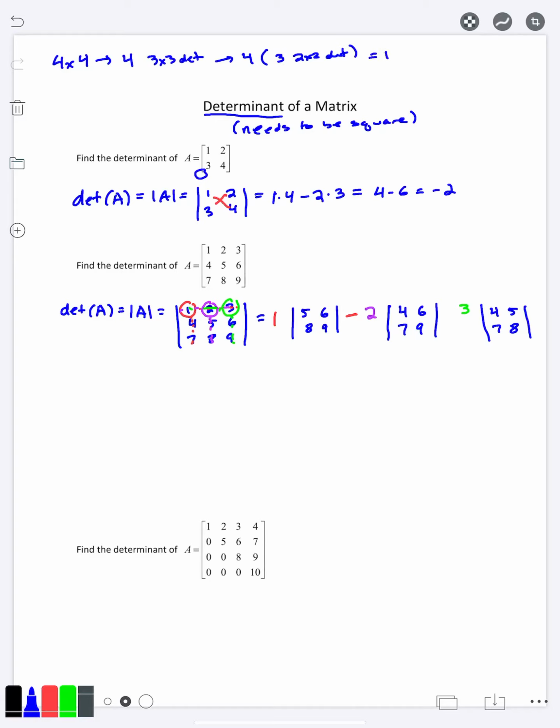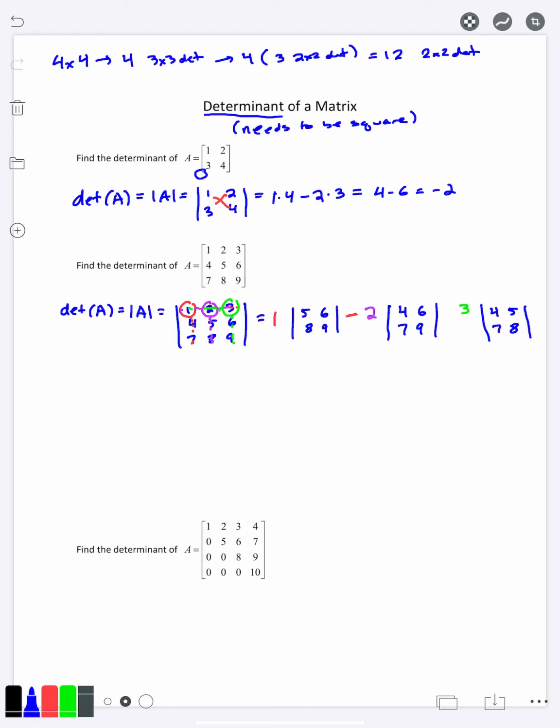That means you have to do 12 separate 2 by 2 determinants. And if you had a 5 by 5, it'd be five 4 by 4s, 4 3 by 3s, and so on. It gets really, really messy and involved. Thankfully, we don't really need to do very big determinants by hand. We can use computers for it if we need to.